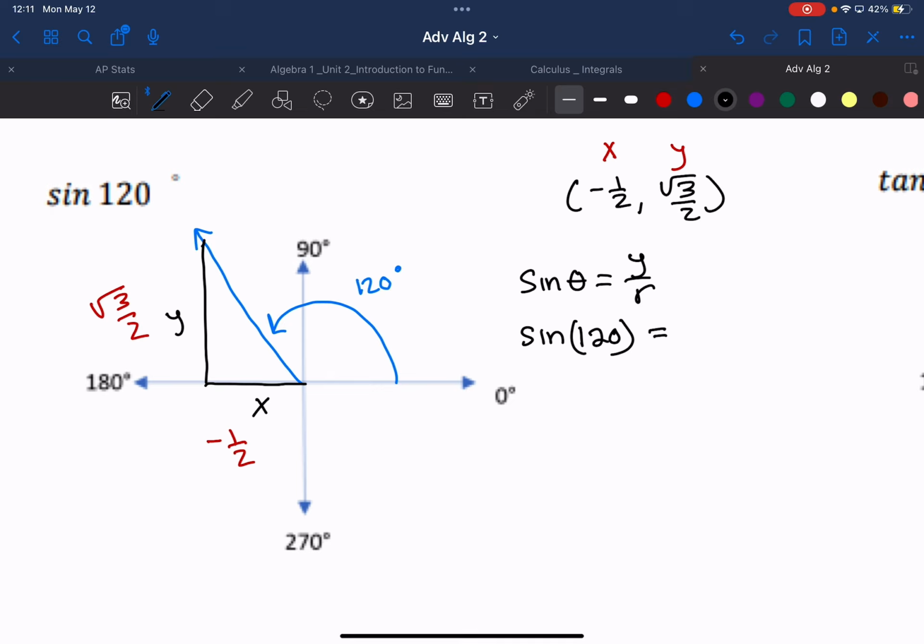Y is the square root of 3 over 2 divided by r, which is always 1. That means my answer is just the square root of 3 over 2. Because my goal was to find sine of 120 degrees, and I just found it here by using my unit circle. Any questions on number 1?